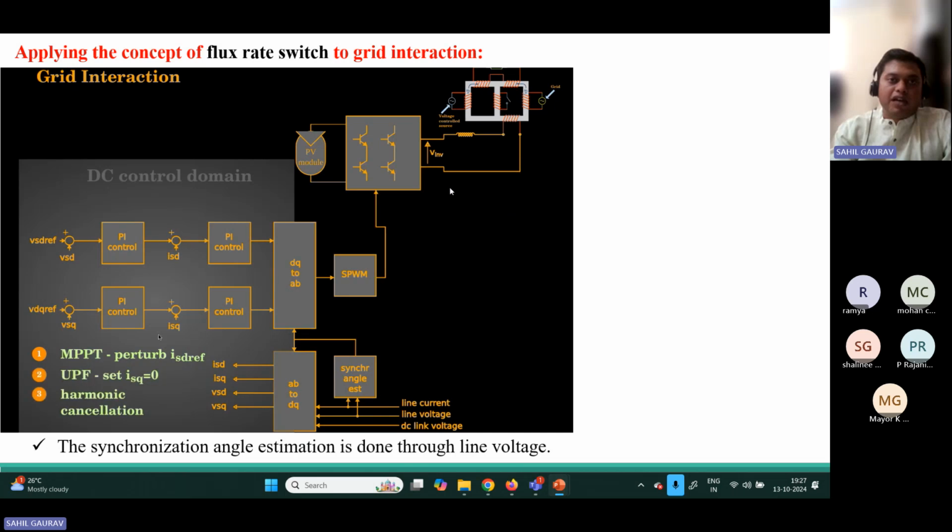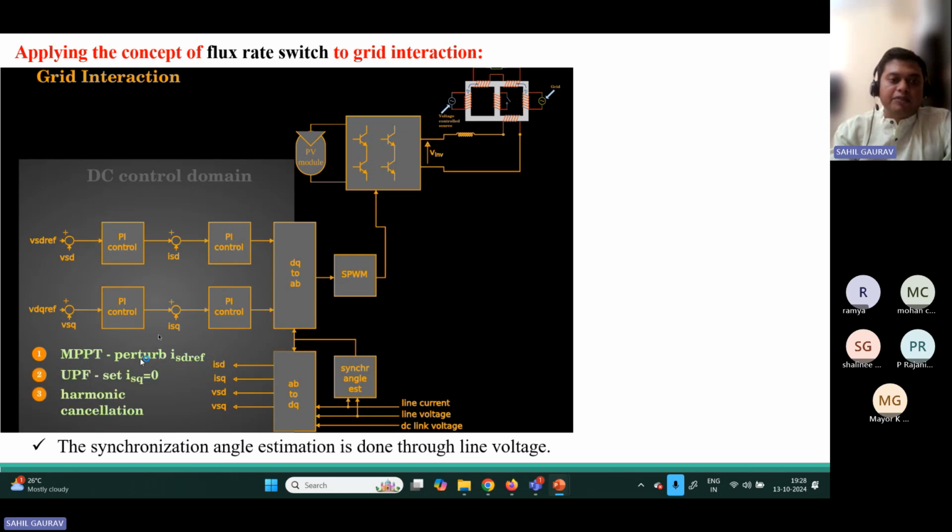Now, if you apply this concept of flux rate switch to the grid interaction, we have seen how we apply the control of this inverter by the DQ reference frame, the synchronous rotating reference frame. This controller is applied in the DC control domain, that is the DQ domain, and based on this control you can have various applications.